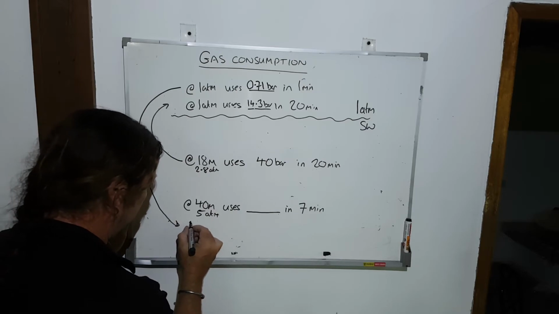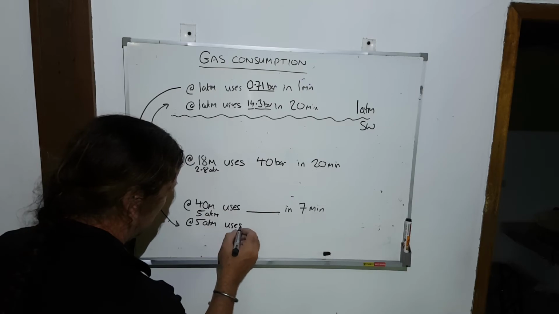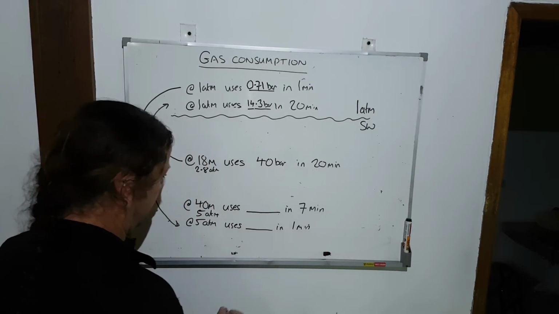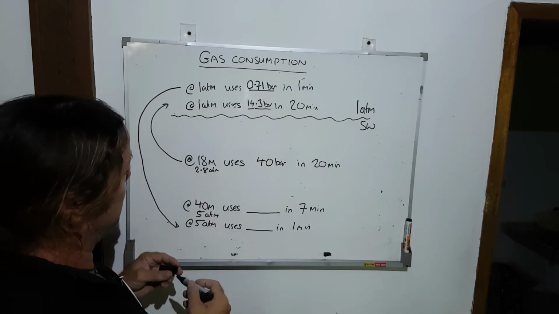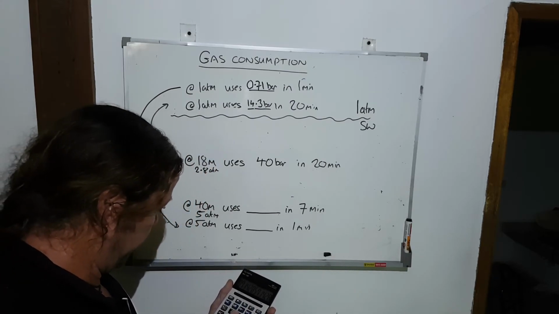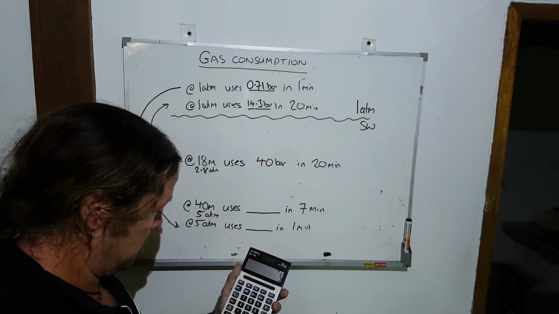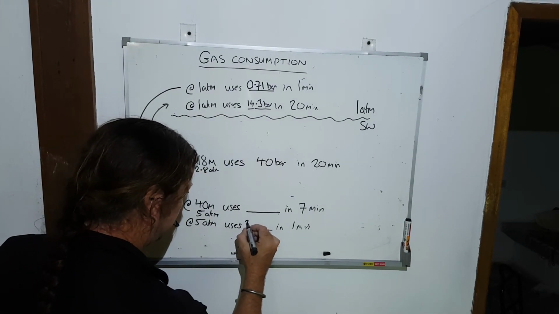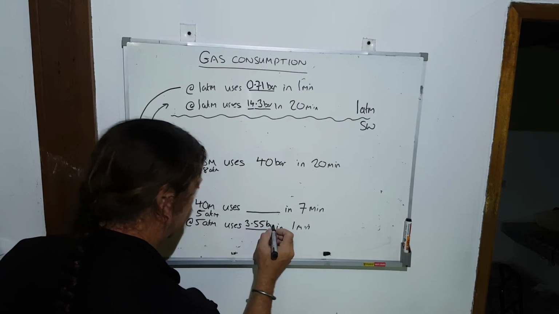And I'm going to say, at 5 atmospheres, I use how much in 1 minute? Cool. 5 times what I was using at the surface. 0.71 times 5 is 3.55 bar.